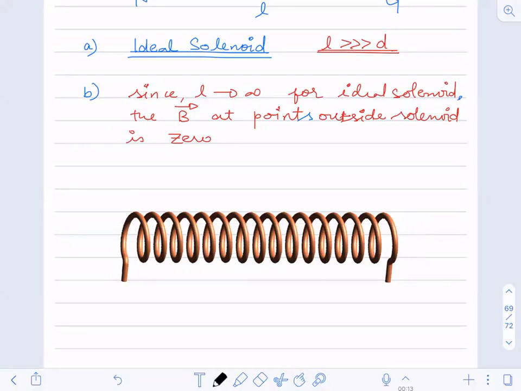Fine. Now let us go on to the calculation or analysis of the solenoid using Ampere's circuital law, and we will try to calculate the magnetic field at the points inside the solenoid. We'll try to calculate the magnetic field due to a long solenoid, inside the points.